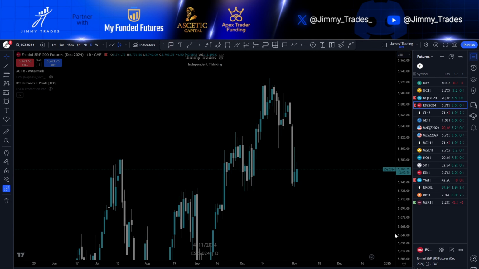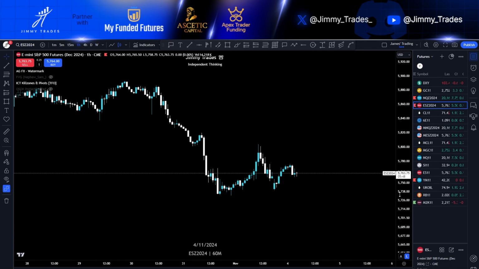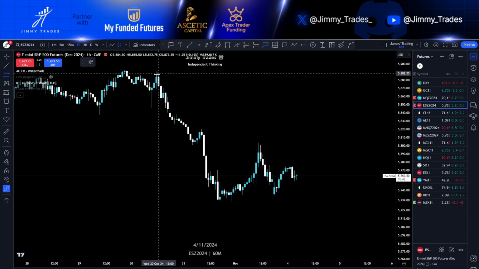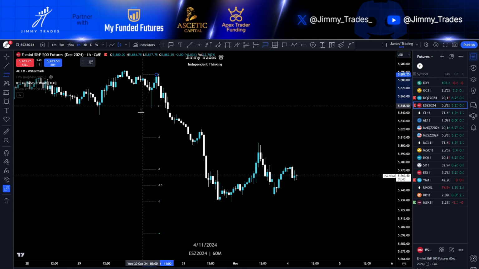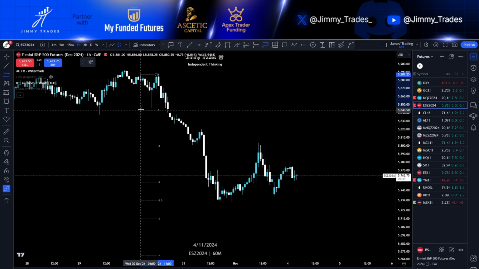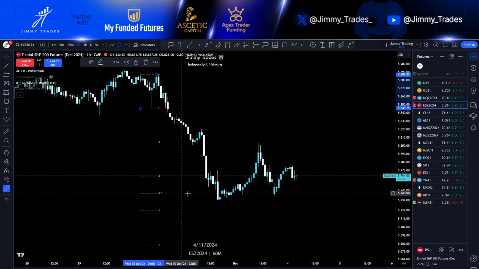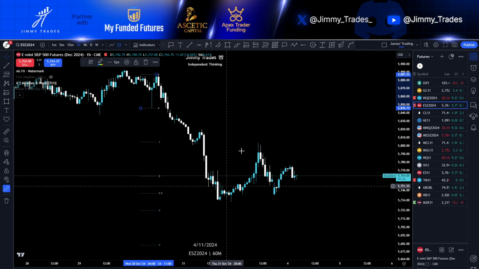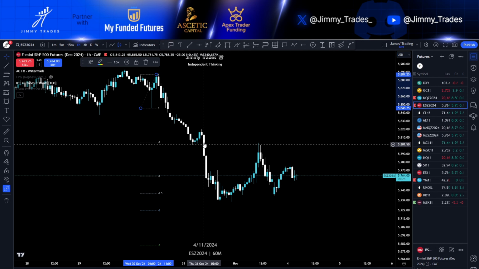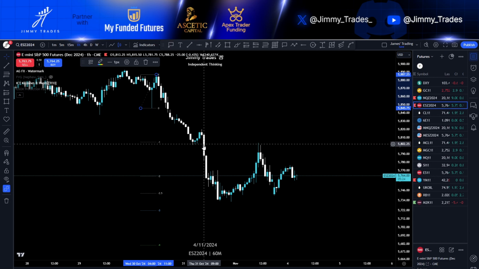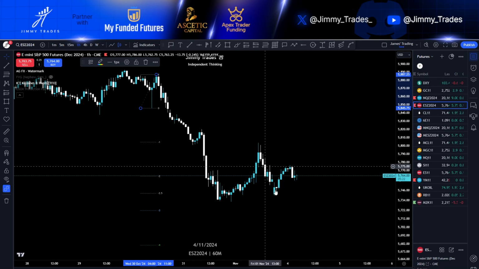Dropping down to the hourly. We can see price got to close below the negative 2.5 here. We're pushing up into this premium FVG, this premium hourly FVG, and we've reacted to that.